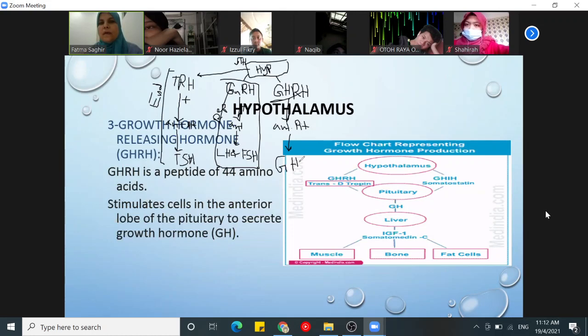Our next class will be about growth hormone, which is for me the most important hormone in the anterior pituitary to cover during this module. So growth hormone from the anterior pituitary is in response to growth hormone releasing hormone from hypothalamus. It stimulates, we do positive here, the anterior pituitary to secrete growth hormone. Then what will growth hormone do? We will know more about growth hormone.